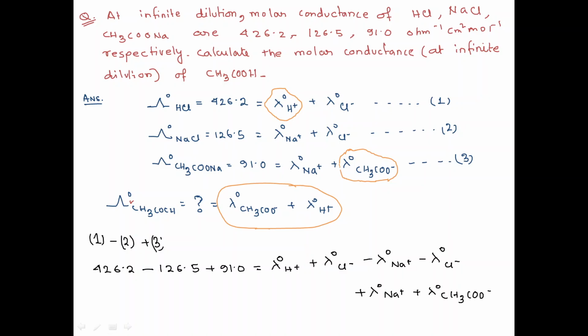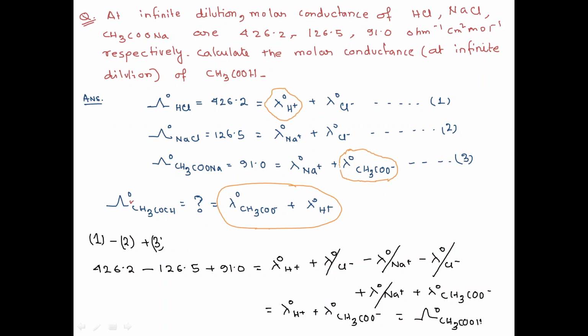Okay, so plus lambda 0 of Na and minus lambda 0 of Na will cancel out, and plus lambda 0 of Cl and minus lambda 0 of Cl will cancel out. So now we get lambda 0 of H plus lambda 0 of CH3COO minus, and that is essentially equal to lambda 0 of acetic acid.